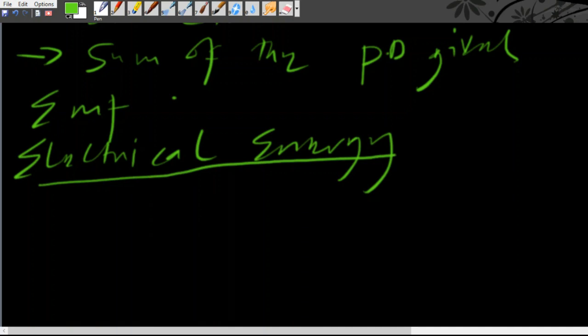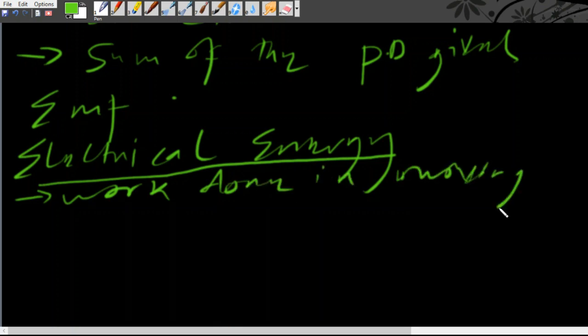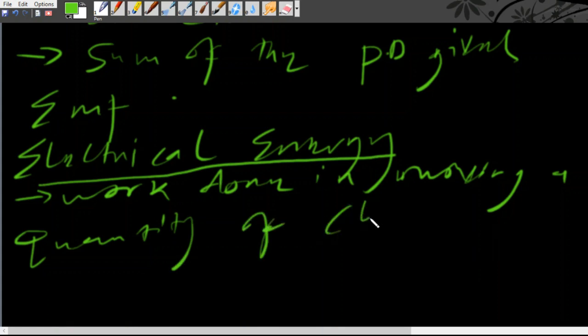Electrical energy is defined as the work done in moving a quantity of charge. That's the definition.